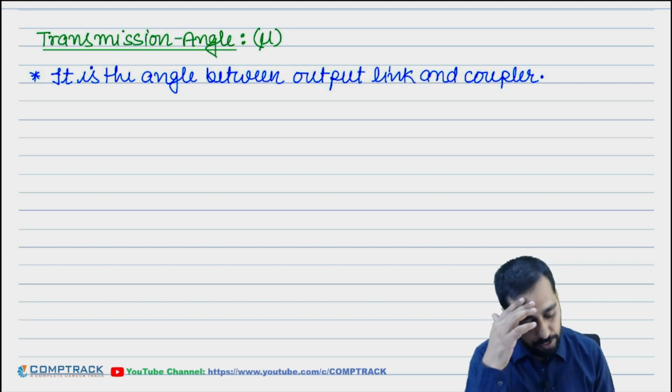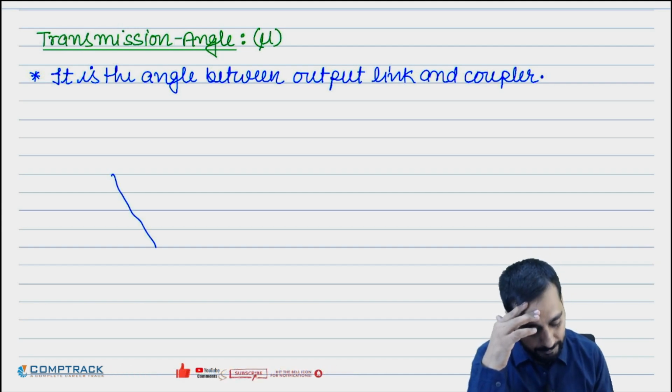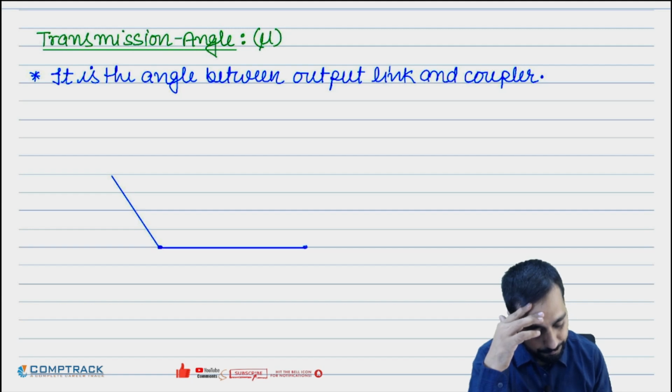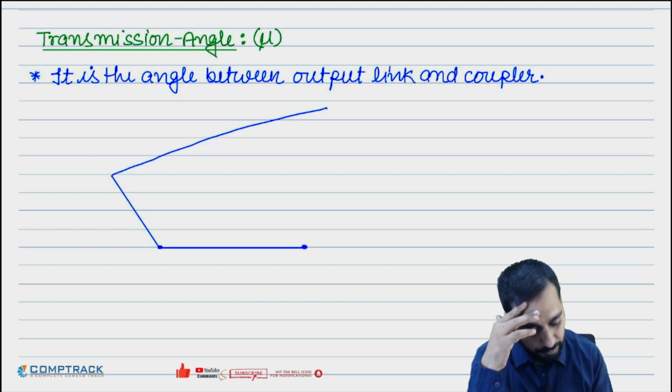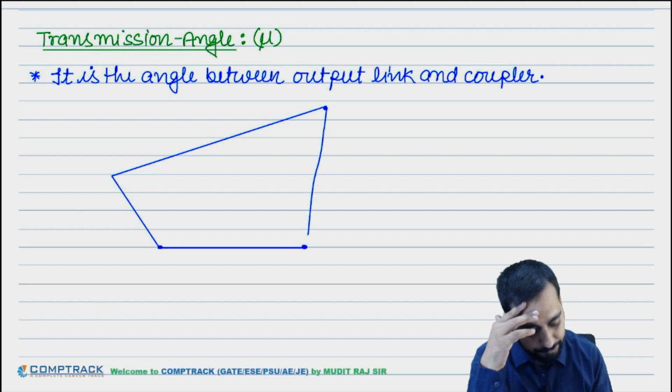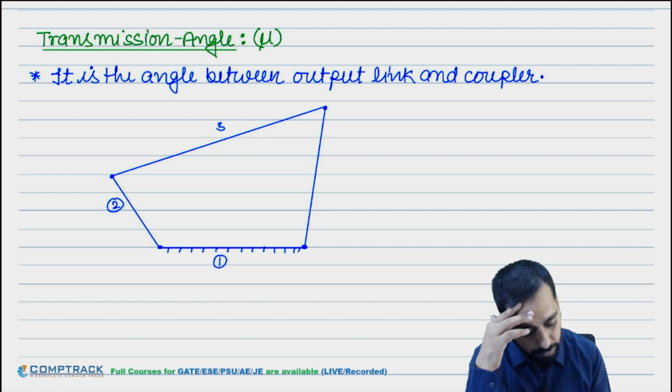So let's say this is any general 4-bar mechanism. Link 1, link 2, link 3, link 4.